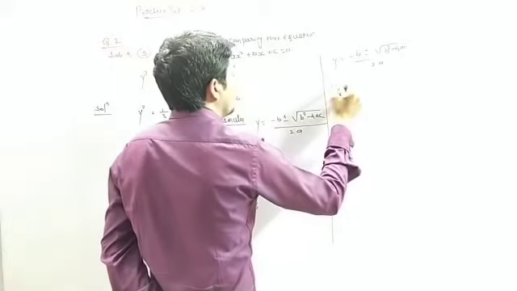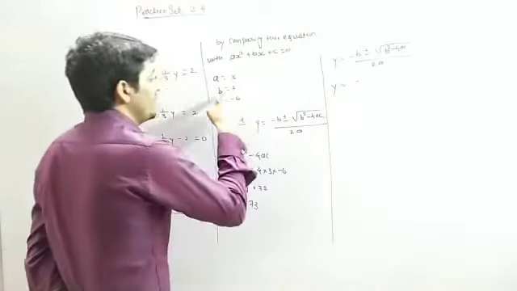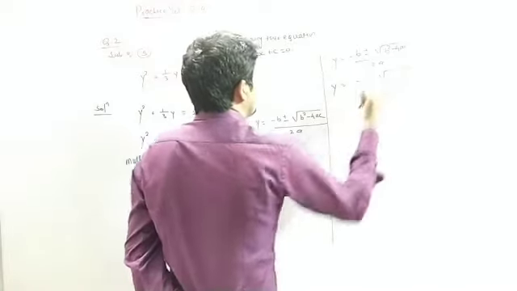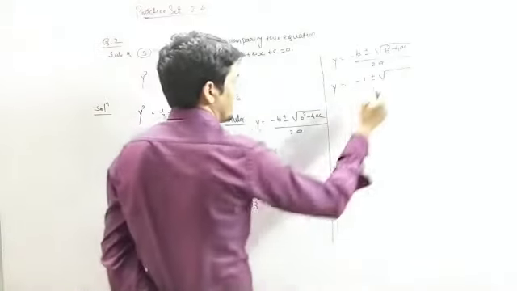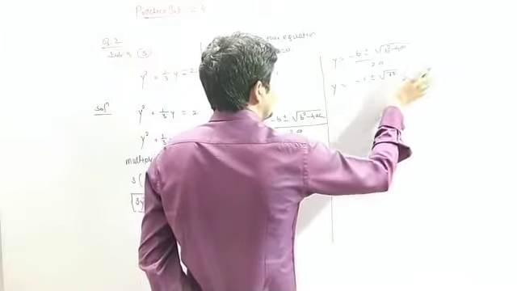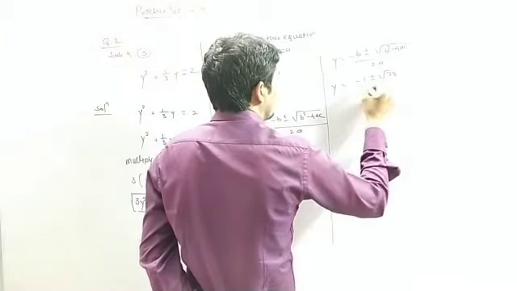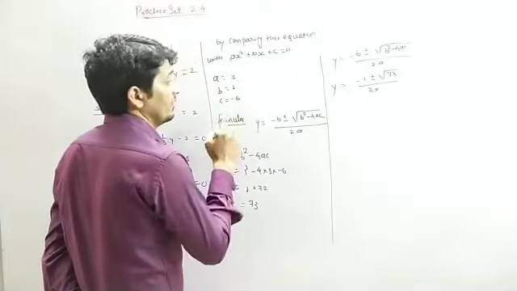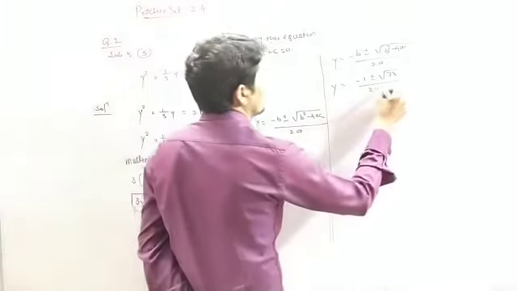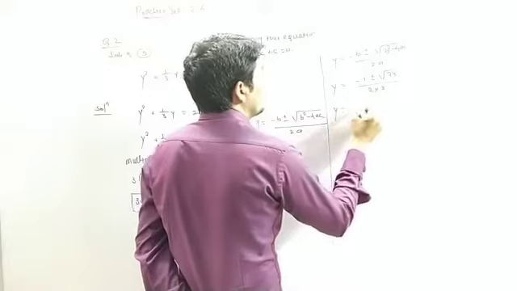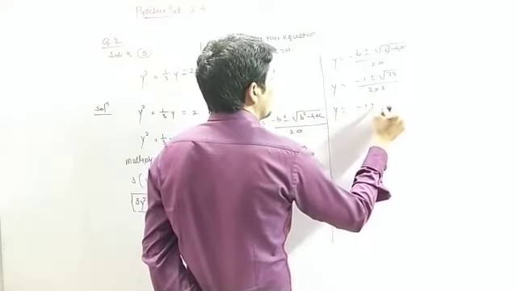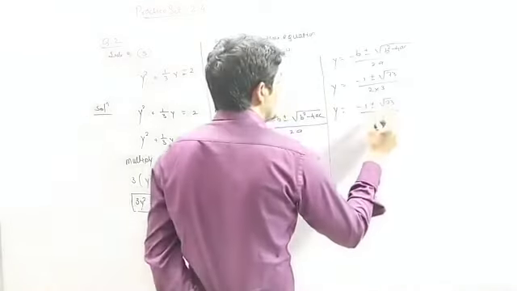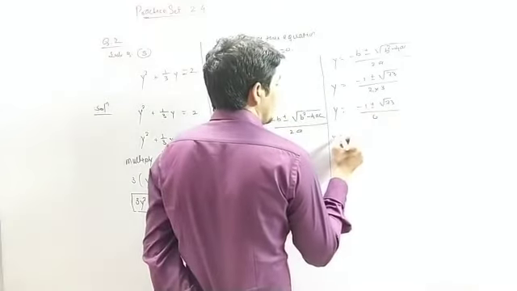So y equals minus, what is b? b is 1, so 1 plus minus root of b square minus 4ac, which is 73, so we write 73 here, divided by 2 into 1, what is 2a? a is 3, so 6. So y equals minus 1 plus minus root 73 divided by 6.